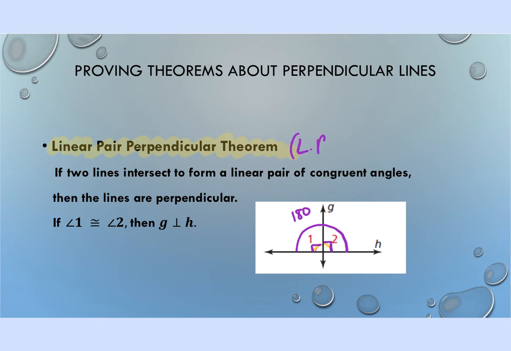So again, we can shorten this to LPP theorem. But it is not just the linear pair postulate. The linear pair postulate says that they add up to 180. This is now saying if they are congruent, then we go a step further and say that these lines are perpendicular.